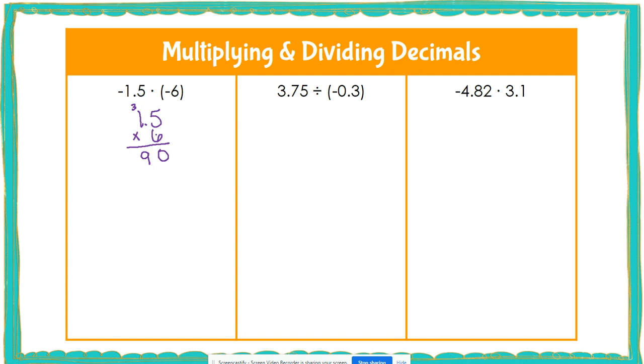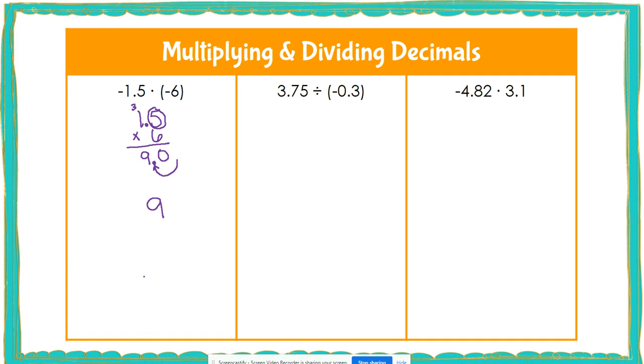Then I need to remember to go back into my problem, and I see that there is a decimal here, and there is one number behind the decimal in my problem. That means that there's going to be one number behind the decimal in my solution. So 1.5 times 6 is 9.0, and I know that 9.0 is the same as just 9.